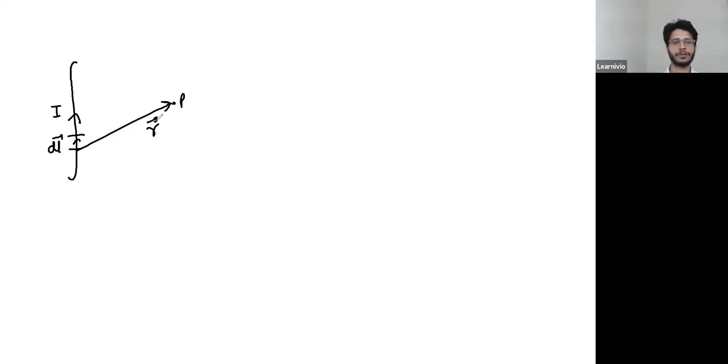Once you have drawn this, take your right hand, not the left hand. Place your fingers in the direction of current. Don't place your fingers over the screen; place them over your notebook.